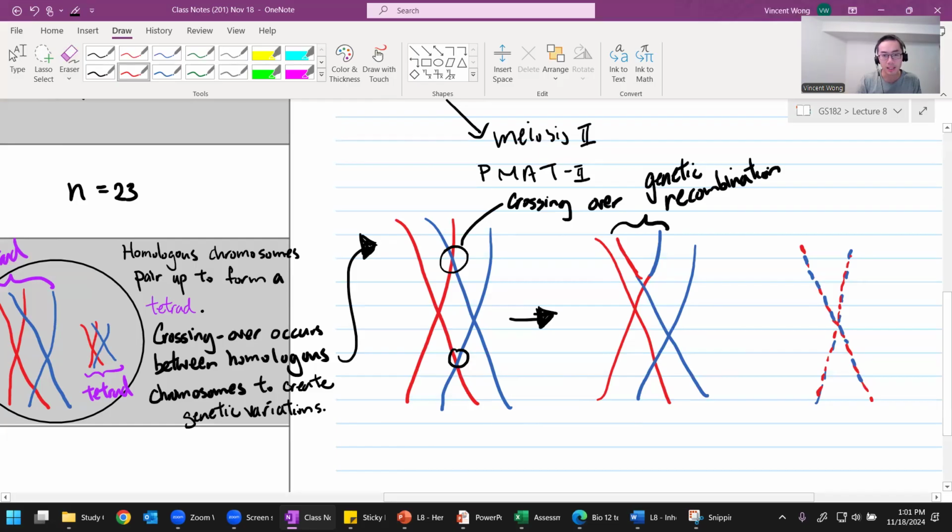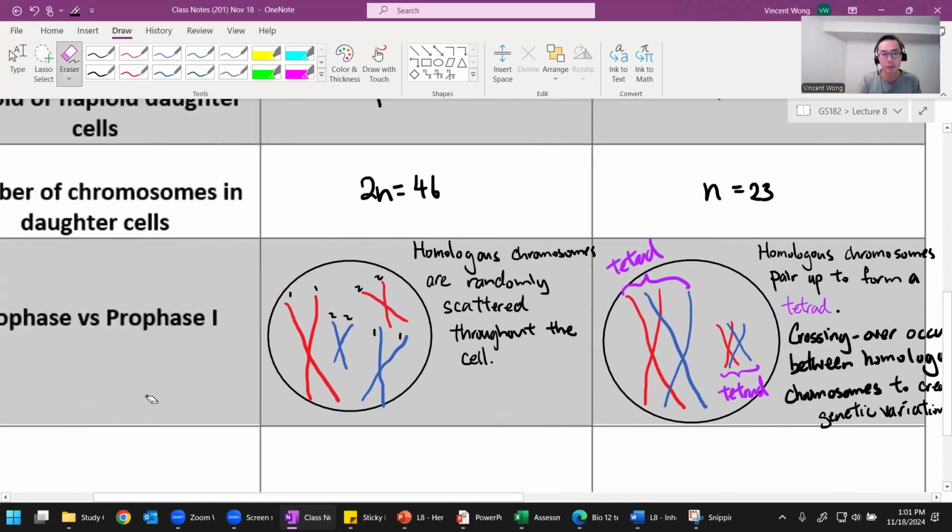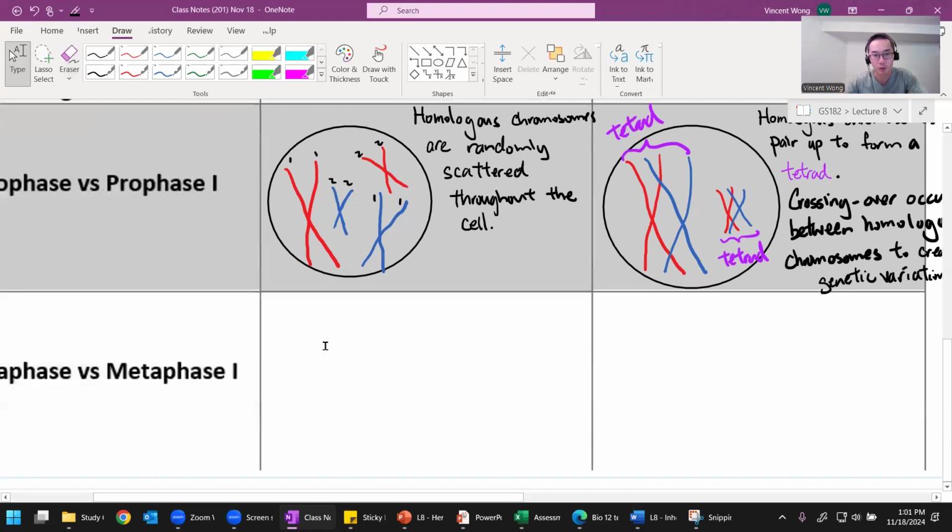So this crossing over happens in prophase one, but it does not happen in prophase of mitosis. You don't want it to happen in mitosis. In mitosis, you want a faithful copy of the original cell.